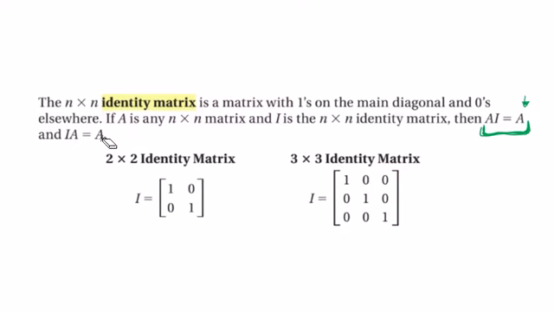Remember, we discovered that the commutative property doesn't always hold, but it does hold in the case of the identity. So the identity for 2 by 2 and 3 by 3 has ones on the diagonal, zeros everywhere else.